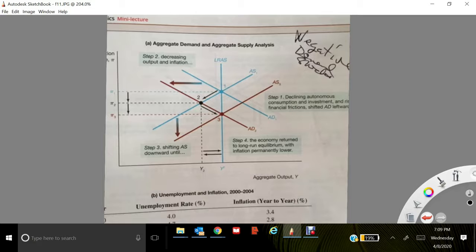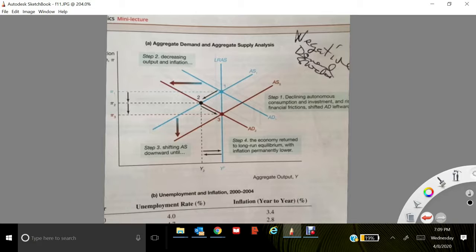And eventually, as with all bubbles, they burst. Not to overuse the analogy. So the bursting of the bubble was a negative demand shock.